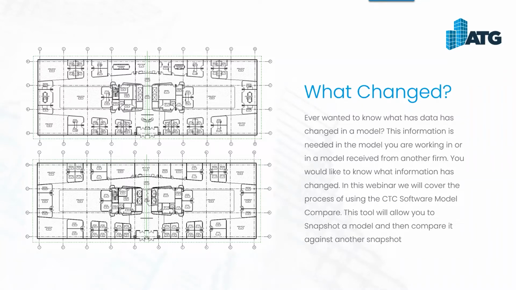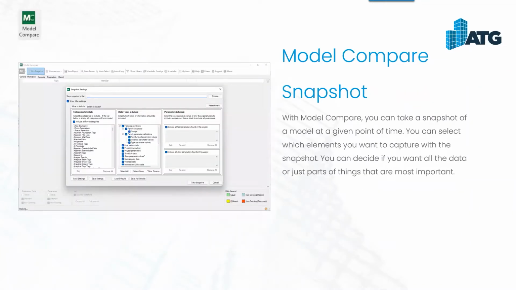Again, with this Model Compare tool, there is the ability to take snapshots of a model. When you take a snapshot, the tool goes through and gathers all of the information that is in the model, and saves it to a file.